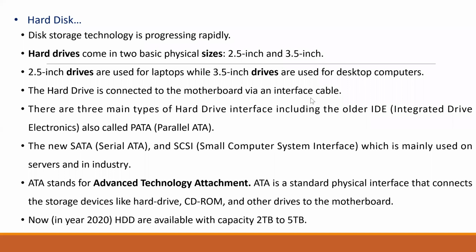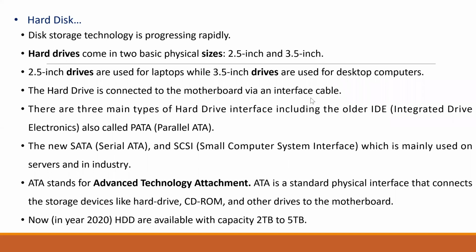We are considering 2020. Hard disks are generally available in 2 TB to 5 TB. In books there is a 2000 consideration, but now we are in 2020 or 2021.